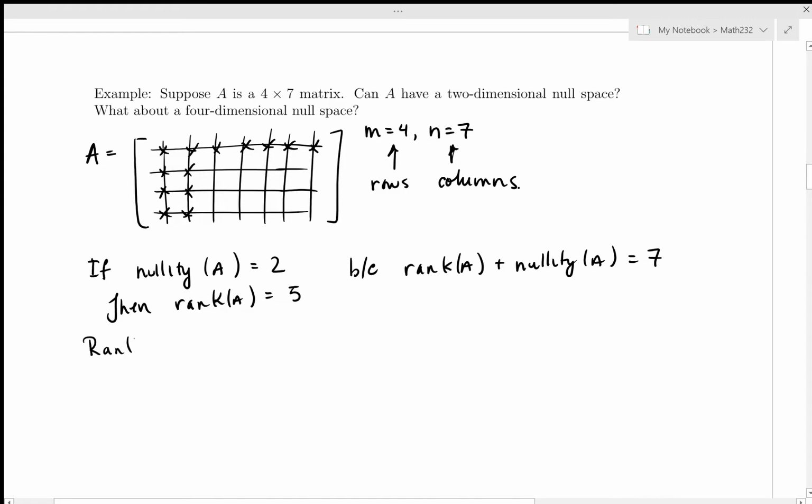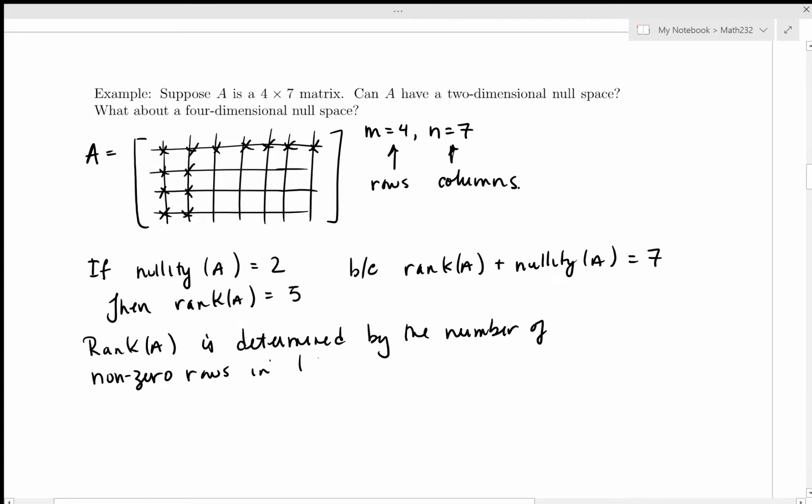The rank of A is determined by the number of non-zero rows in the reduced echelon form of A. Now matrix A has 4 rows, so there's no way it can have 5 non-zero rows.